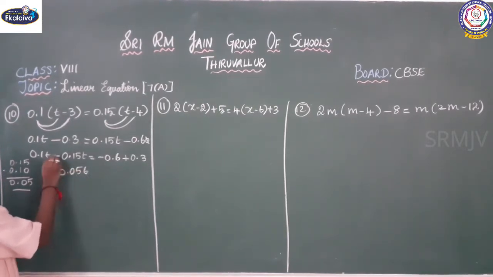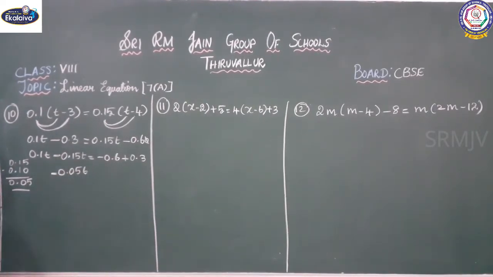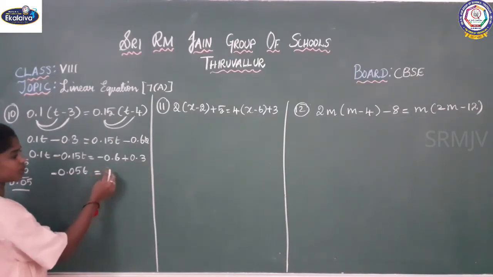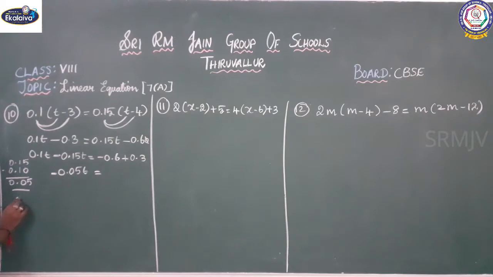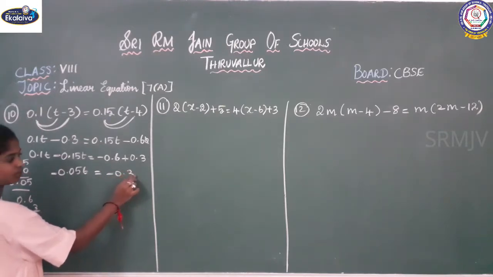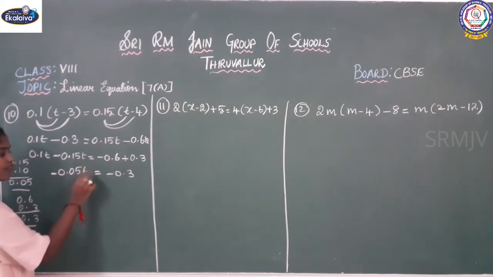What is the bigger number symbol? Bigger number symbol is minus. So, I will put minus 0.05 t is equal to, when I subtract these two, 0.6 minus 0.3. Okay, different symbols we have to subtract and put the greater number symbol, right? So, when I subtract this, I will get minus 0.3.